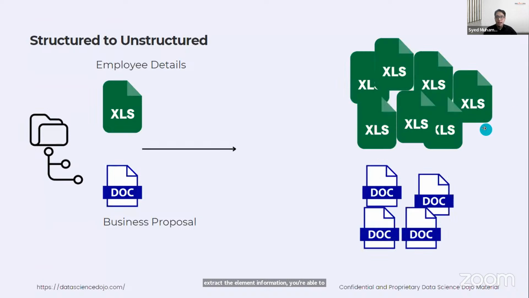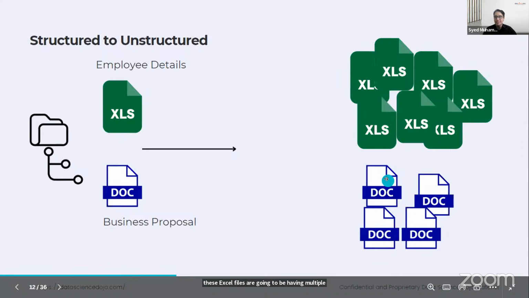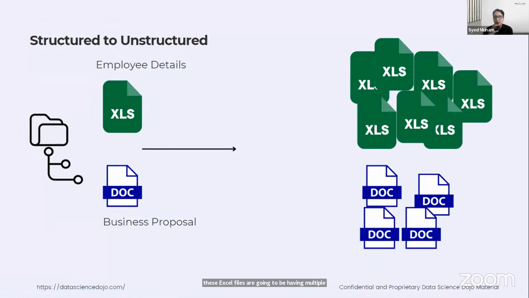But still, as time goes on, you're going to be left with a lot of Excel files and a lot of Word documents. And it's going to be very complicated, since some of these Excel files are going to be having multiple versions. Similarly, with the doc files, you're going to be having a lot of versions, and it's going to get messy.